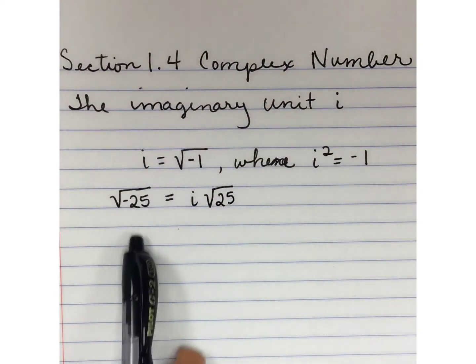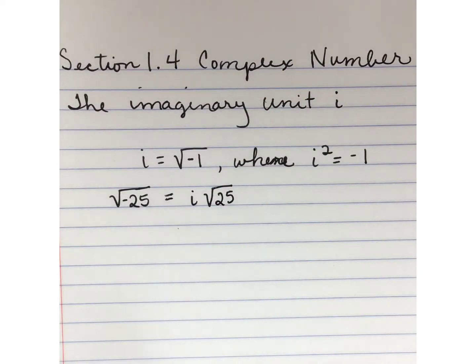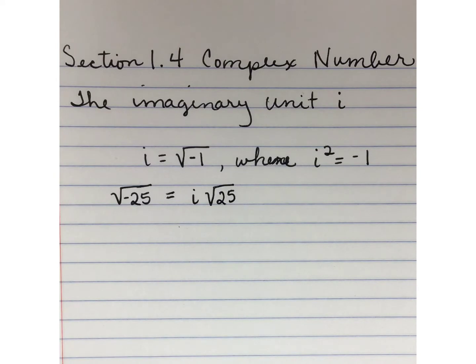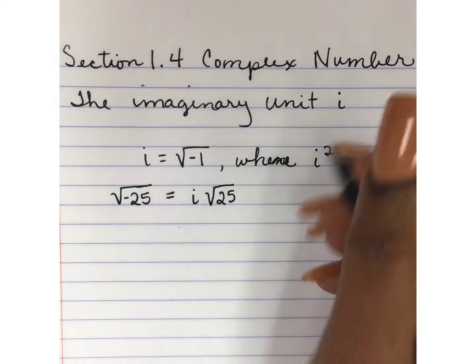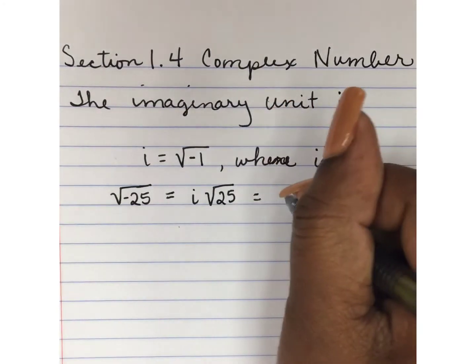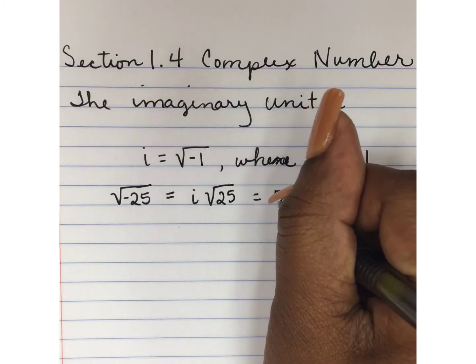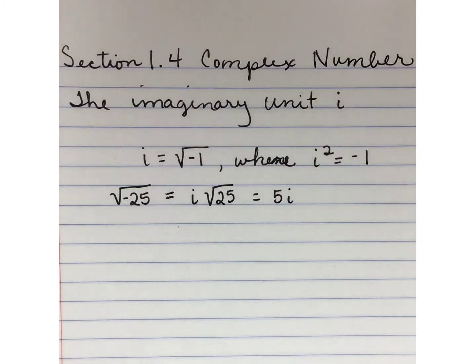So the negative needs to immediately come out and become an i. All that i means is this is imaginary. Now we can take the square root of 25, which is 5, and don't forget the i. So 5i. The square root of -25 would be 5i.